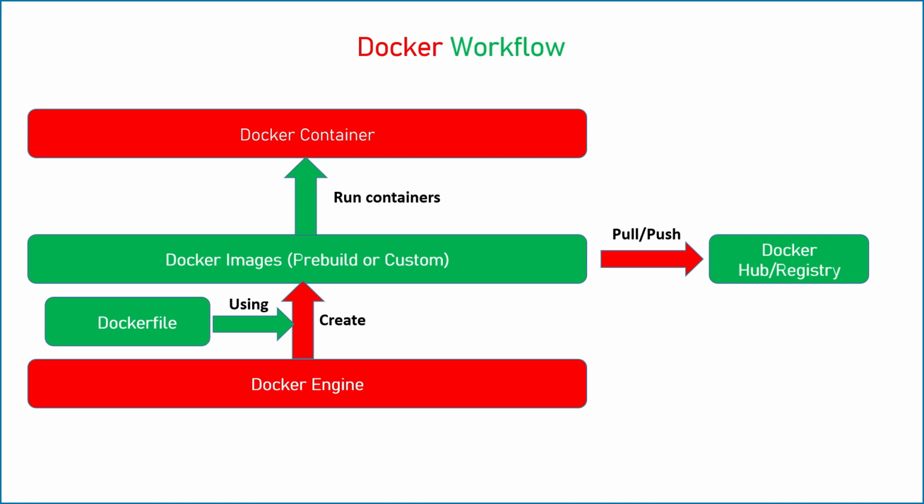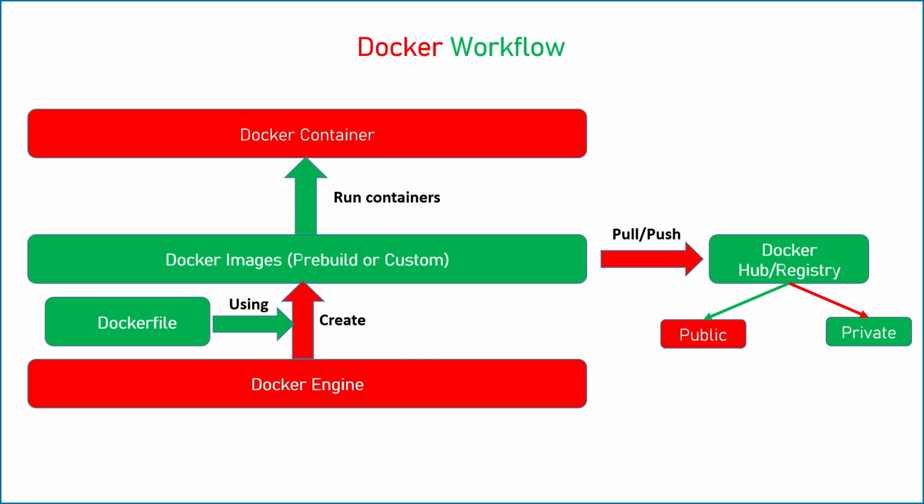Along with that, you can push to the Docker registry as well. If you want to maintain your images, which you want to pull on different hosts from anywhere, you can push your image to the Docker registry. And a Docker registry can be public or private. A public registry is available to everyone. A private one is specifically private to your organization, which you don't want to disclose to the outer world.